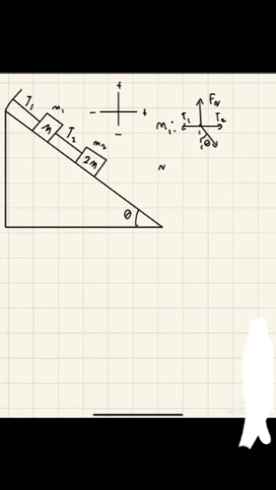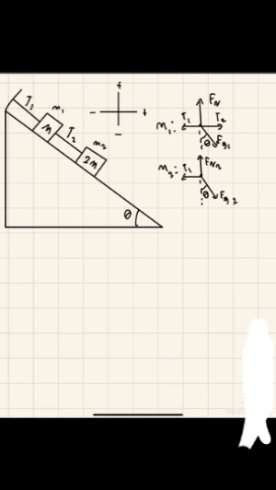And then for M2, we're going to have very similar things. We can write FG1 here. And so here we're going to, again, angle it at theta. FG2, we're going to have FN2, and then we're only going to have T1 going this way.